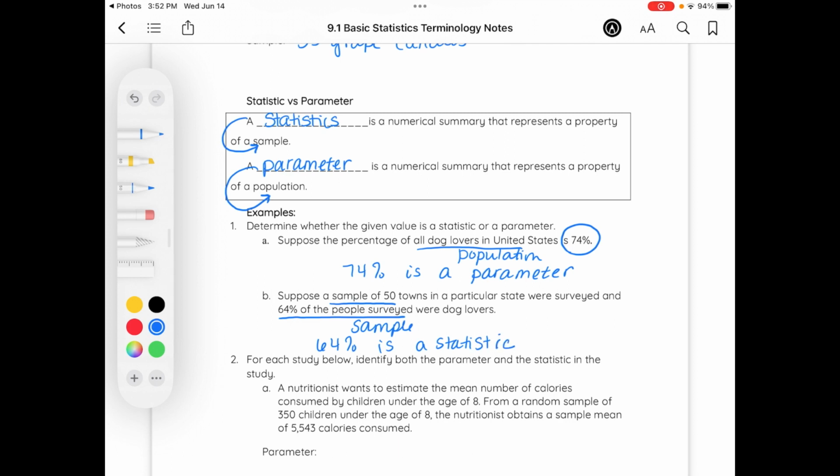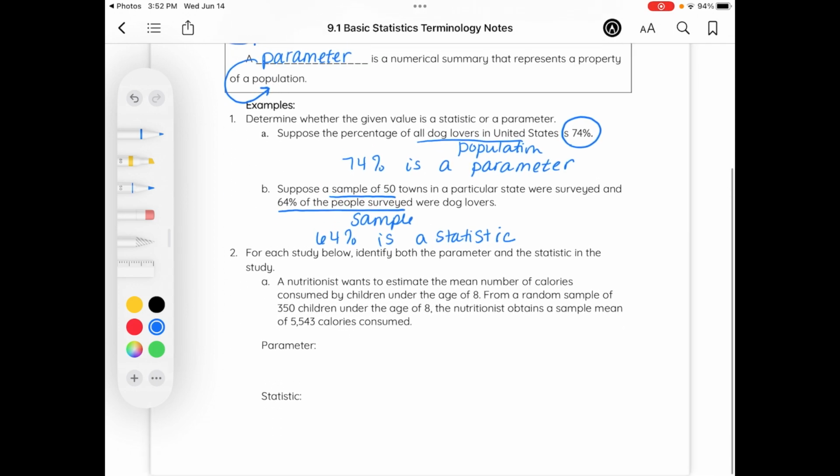Now, not all statistics or parameters have to have a number associated with them. So let's look at part 2 here. A nutritionist wants to estimate the average number of calories consumed by children under the age of 8. From a random sample of 350 children under the age of 8, the nutritionist obtains a sample mean of 5,543 calories. We don't, in this particular statement, have a data value for the parameter.